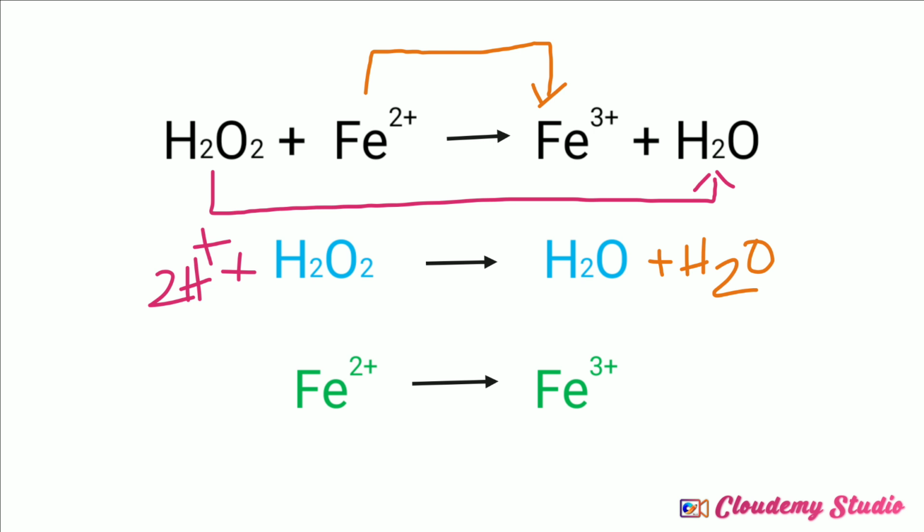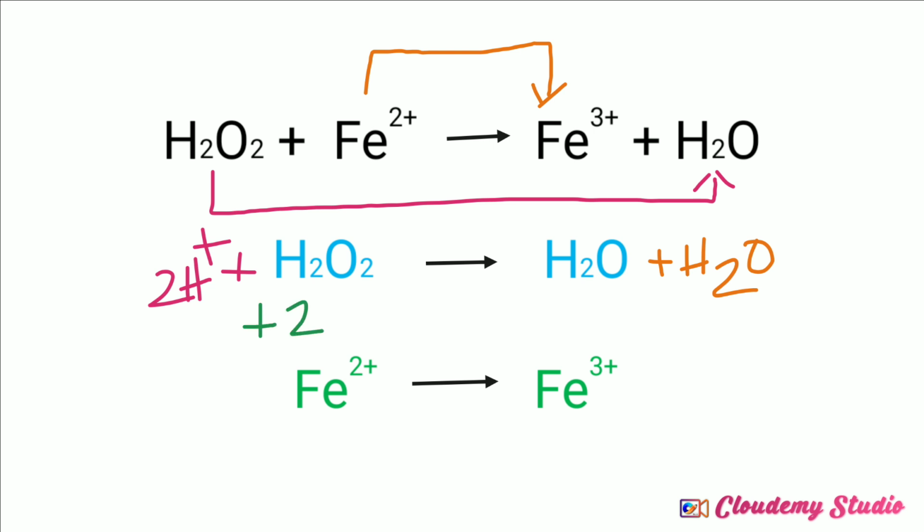Now we can check the charges of the equation. For the first half reaction, we can check the charges. Hydrogen ion has 1 positive charge and it has a coefficient 2. Therefore 2 times this 1 positive charge, so the result will be plus 2.